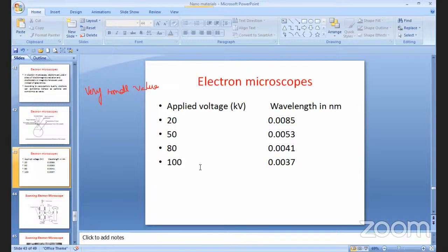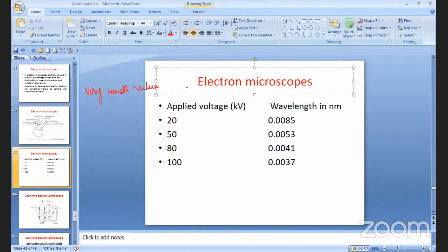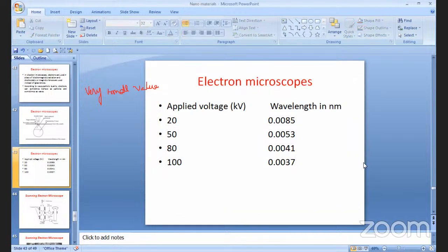And similarly, if you apply 100 kilovolts, you can get 0.0037 nanometers of wavelength. So that is the advantage which we have in the case of the electron microscope. That means if you want to get a full clarity picture, we can increase the resolution here.